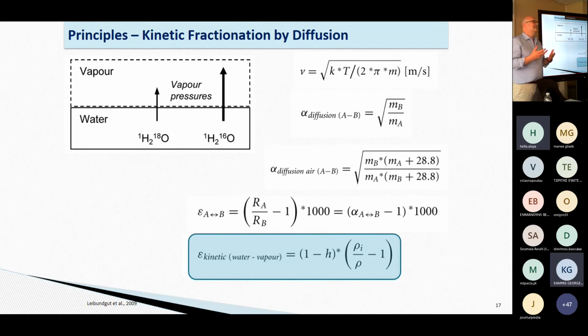It is the weighted molecular weight of nitrogen plus oxygen of a dry atmosphere. Divided by mA multiplied with (mB plus 28.8). Now we can use this to calculate a theoretical fractionation that we get when water evaporates into a dry atmosphere.